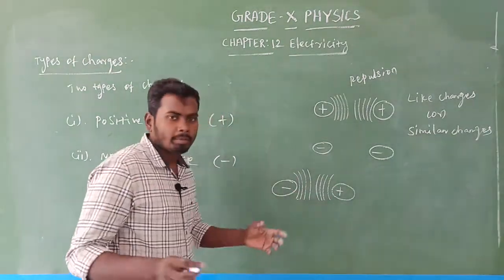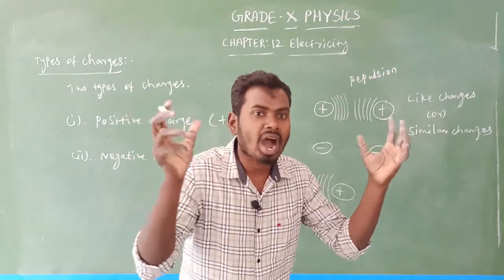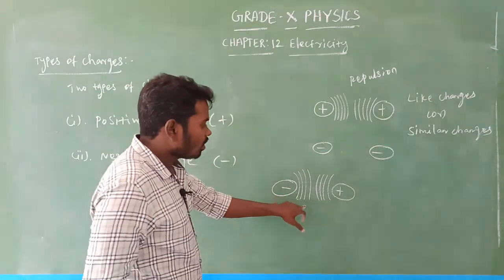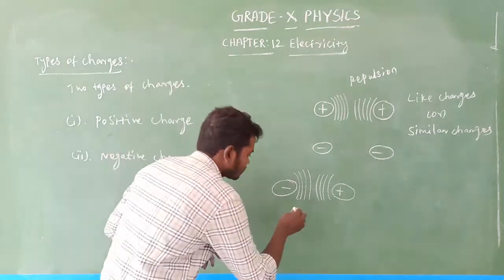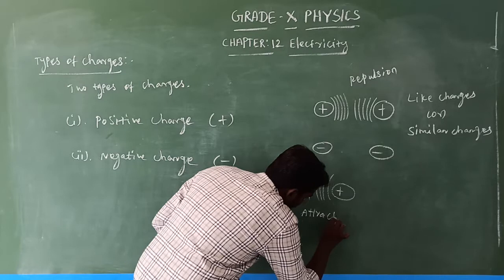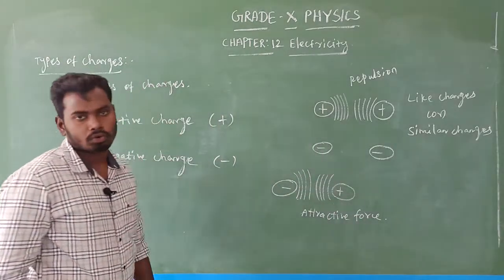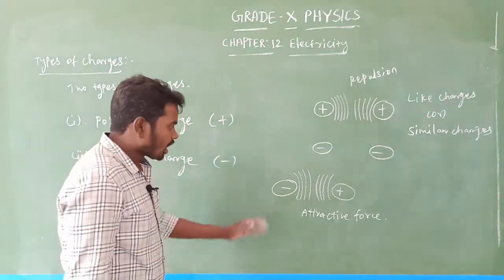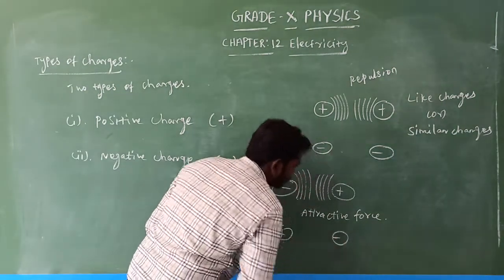So when we bring one negative charge and one positive charge close to each other, there will be attraction. So there will be the force of attraction between the unlike charges. Is that clear? There will be attractive force.